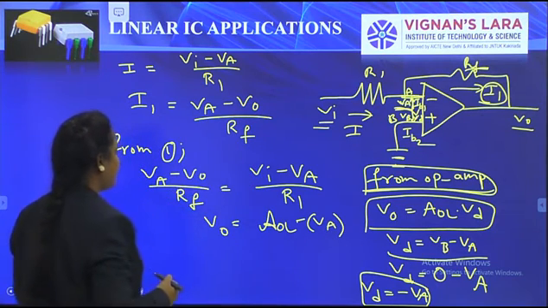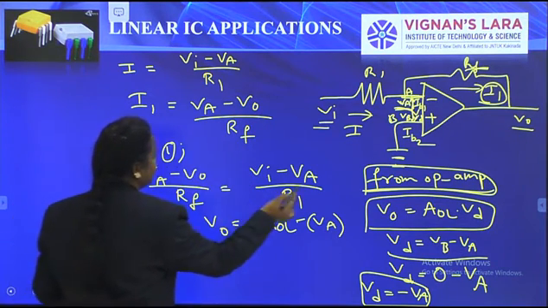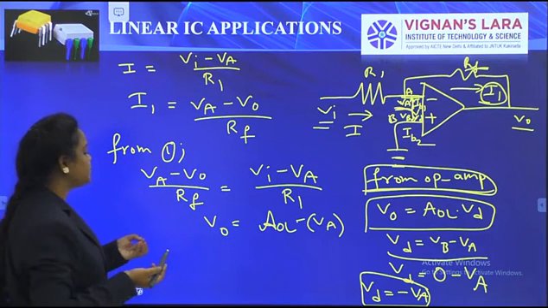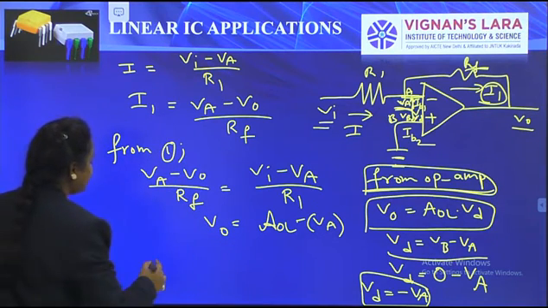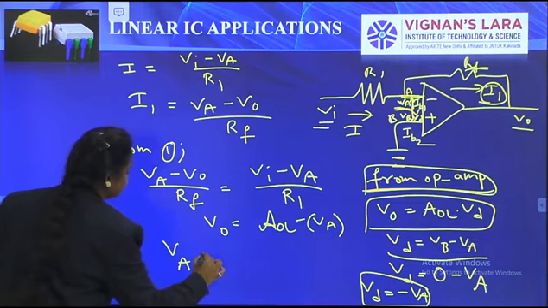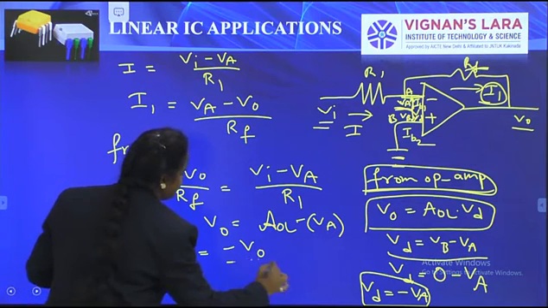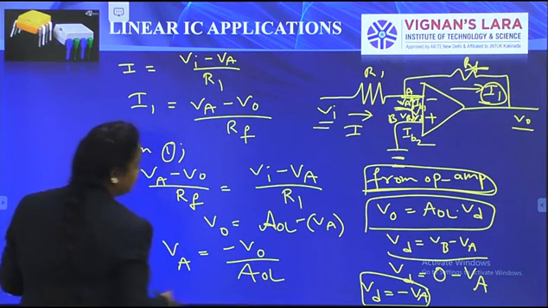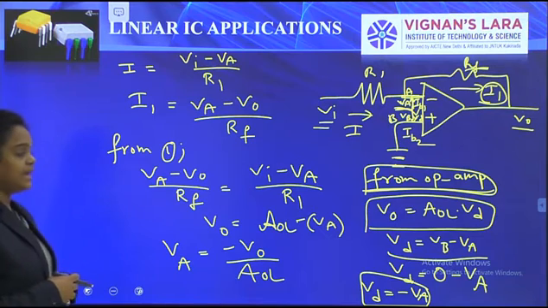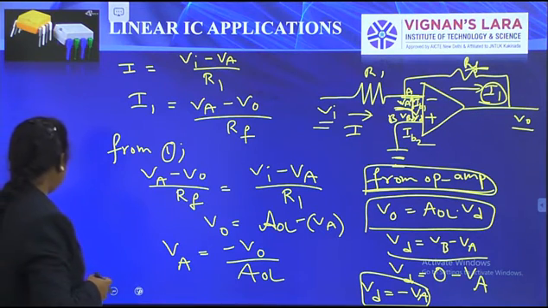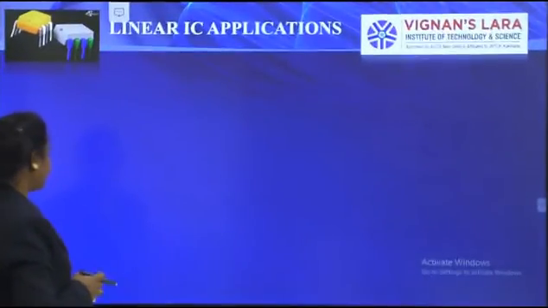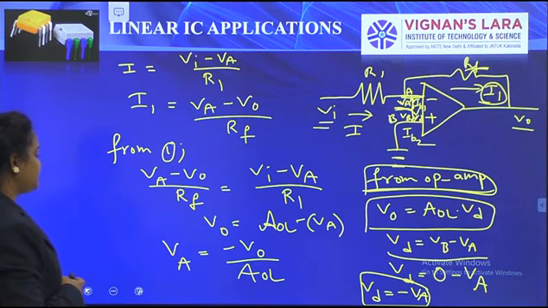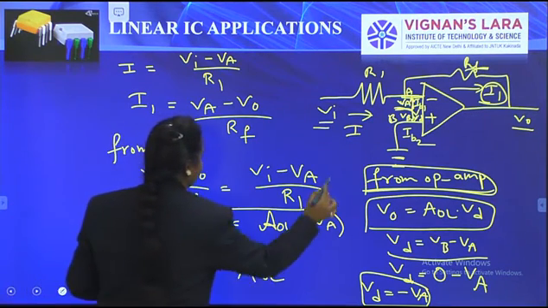For simplification, taking VA to the left-hand side, we get VA is equal to minus V0 by AOL.